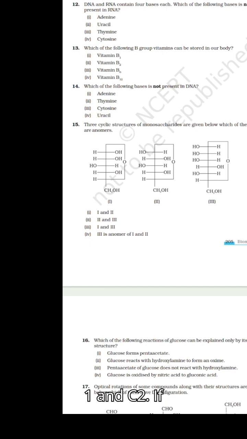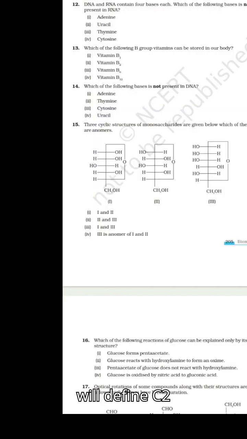If we talk about the hexose glucose, it differs at the C1 position. If we talk about another hexose, fructose, a ketose, it will differ at the C2 position.